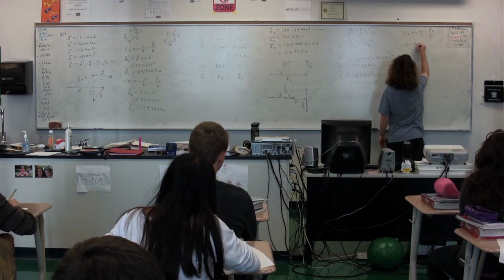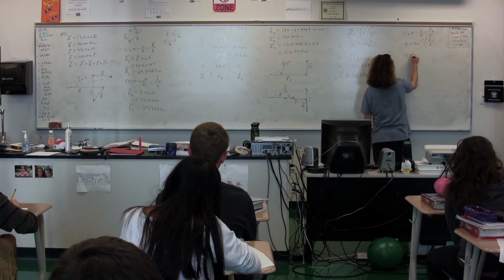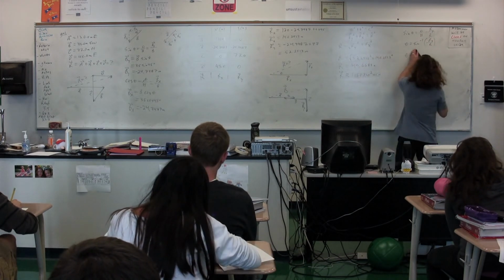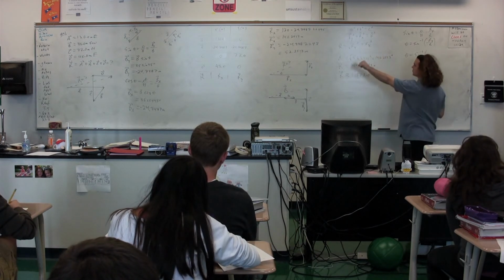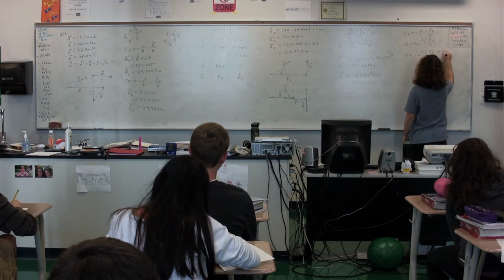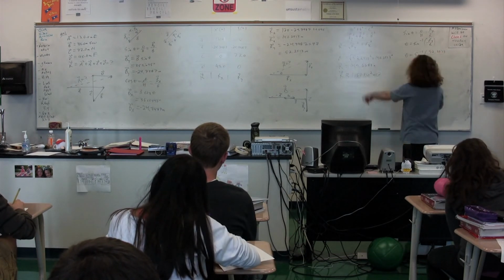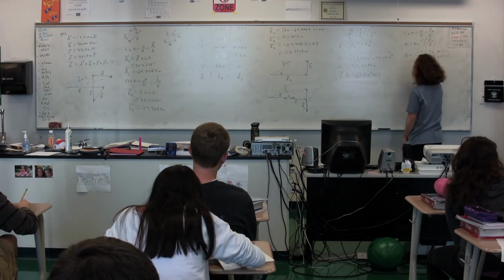It's going to be equal to the inverse sine of the resultant vector in the y direction divided by the resultant vector. So theta is going to be equal to the inverse sine of the resultant vector in the y direction, which was 52.2513, divided by the resultant vector, which we got to be 149.6683.